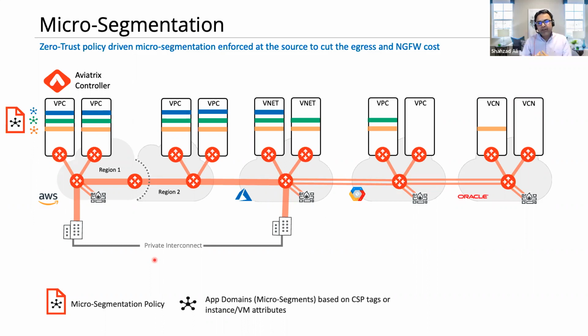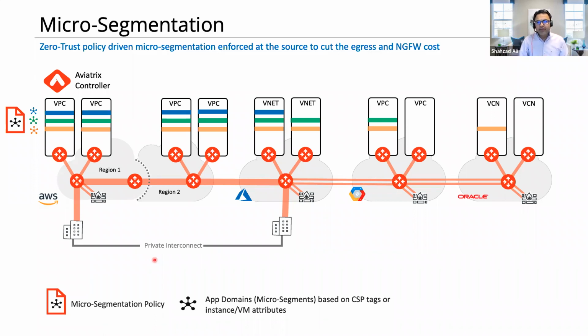And the beauty is that, let's say if you have an application that is born tomorrow, but it has a tag blue attached to it, it will automatically become part of this policy. So you don't have to touch or do anything. That's really powerful, right?